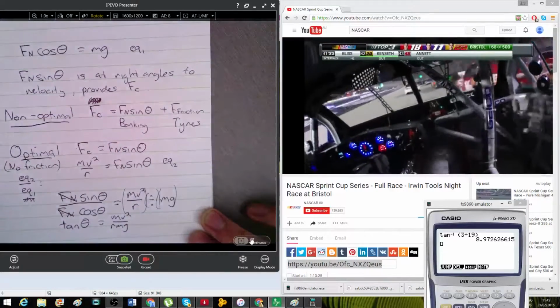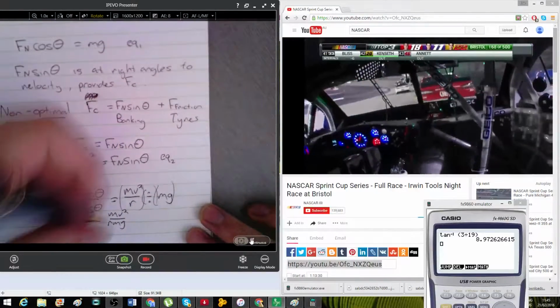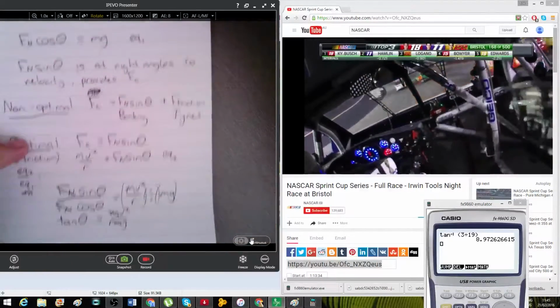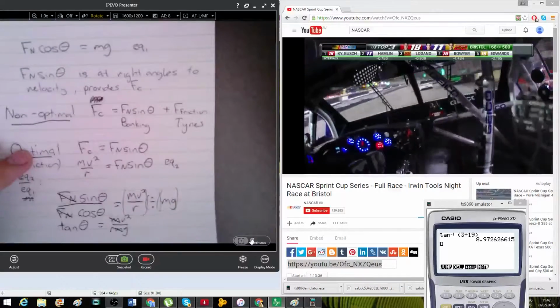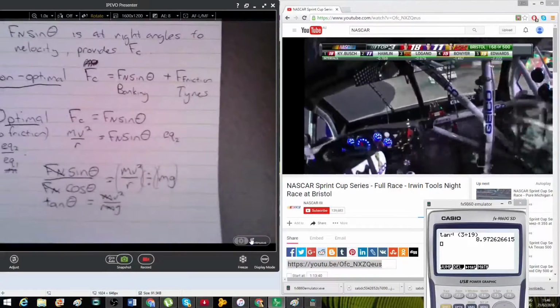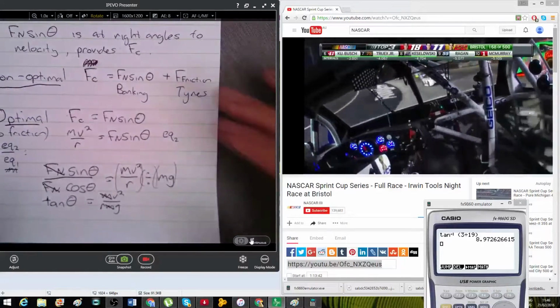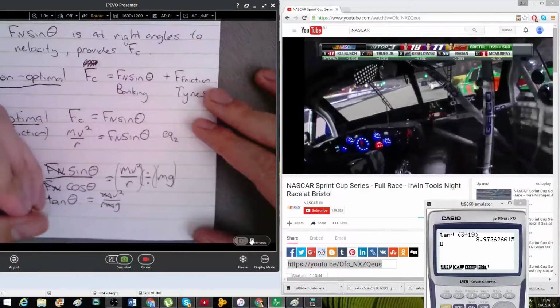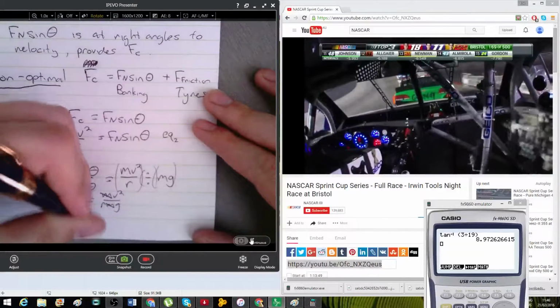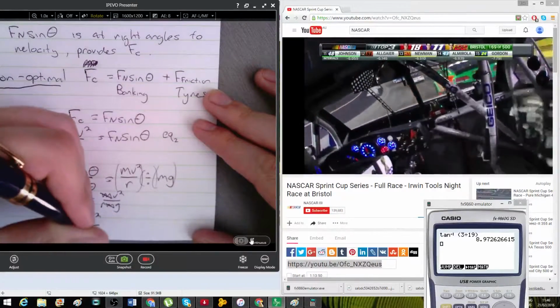So you can cancel mass. Tan theta equals v squared on rg.